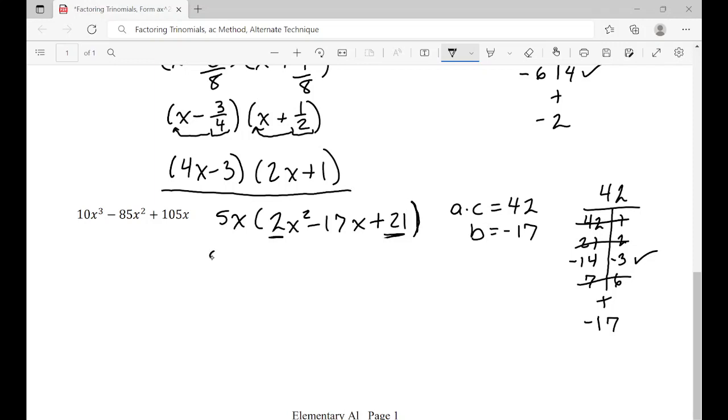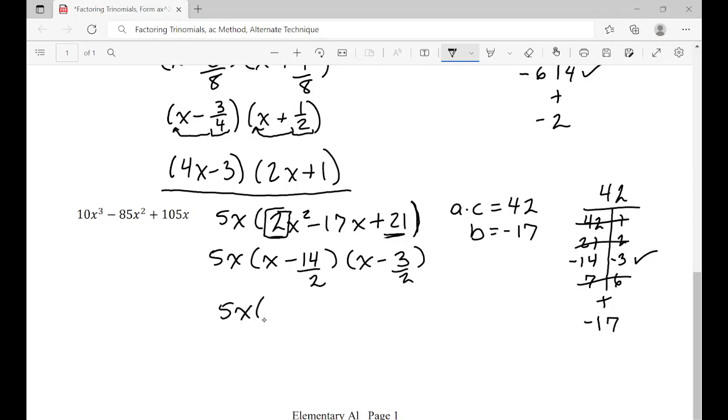So from here, keep my 5x, but set up my two parentheses. And I have a variable x, so I'm going to put x's in the front. And my factors are negative 14 and negative 3. My a term is 2, so I'm going to divide both of my factors by 2.